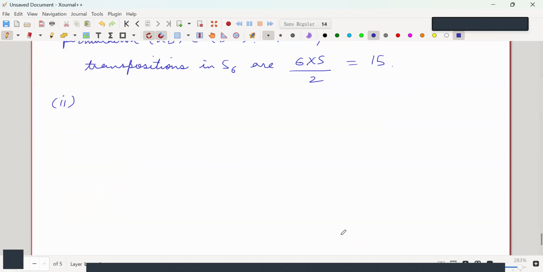Do you have some idea in which we can do it? One claim is that for any n, the size of A_n is the size of S_n by 2, that is n factorial by 2.